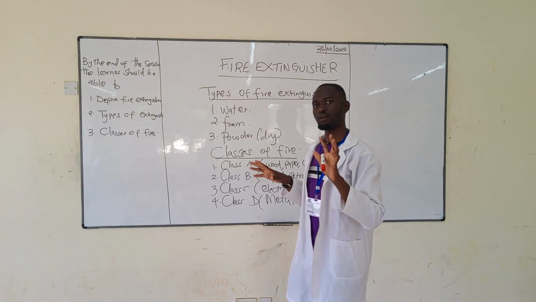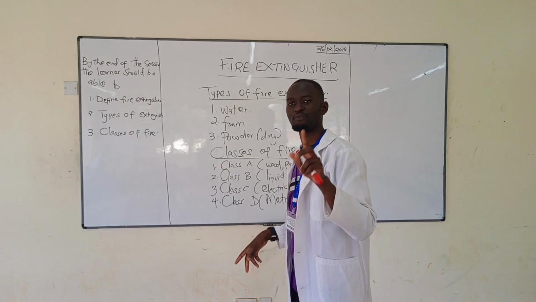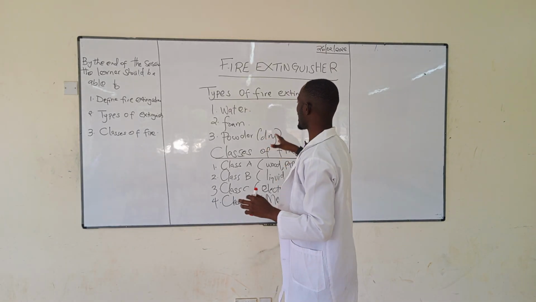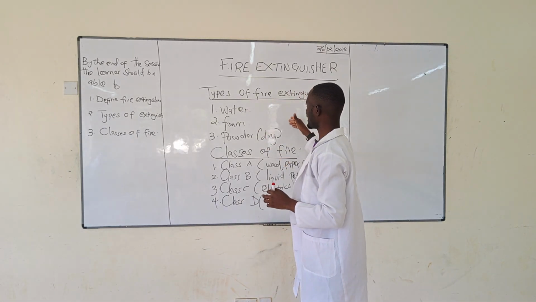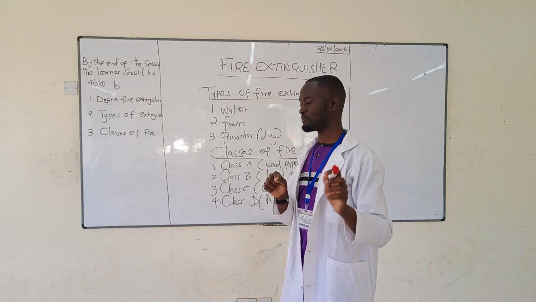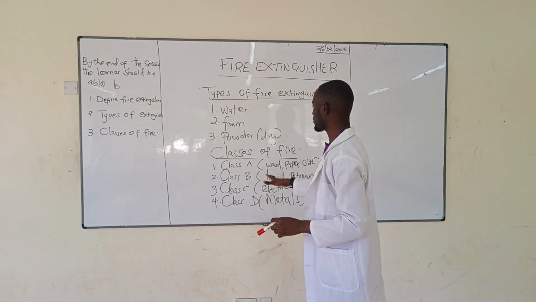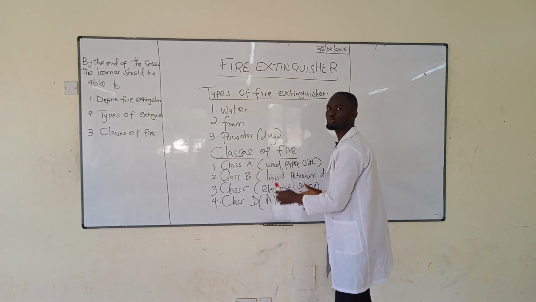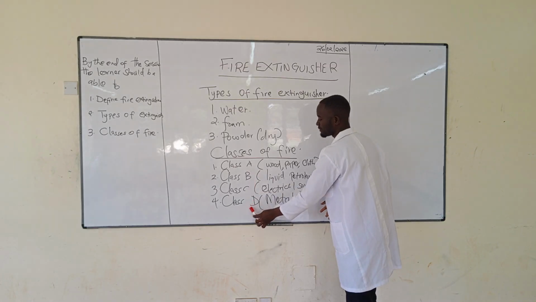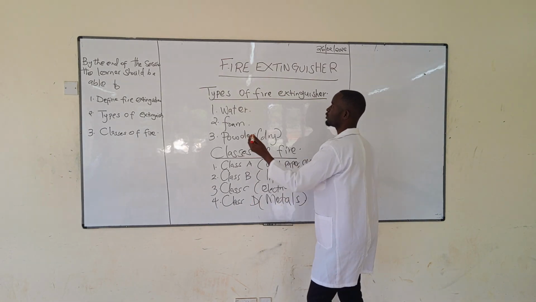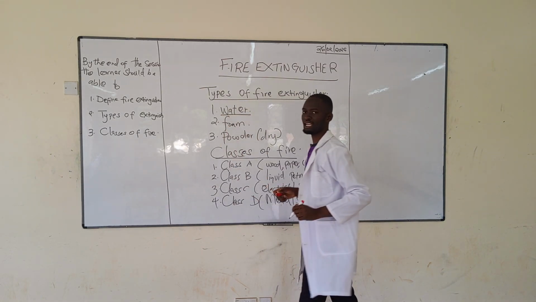So when we look at the classes of fire, we should now be able to know the types of fire extinguishers. There are specific types of extinguishers that will be able to put out the fire from these sources.